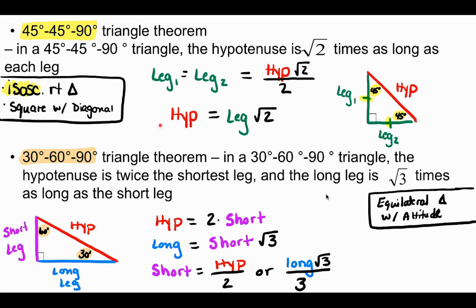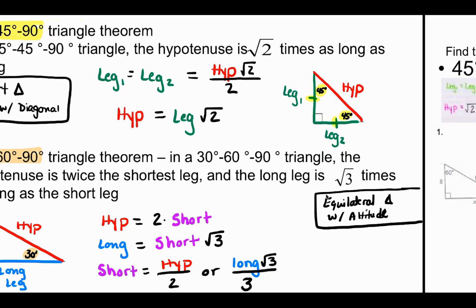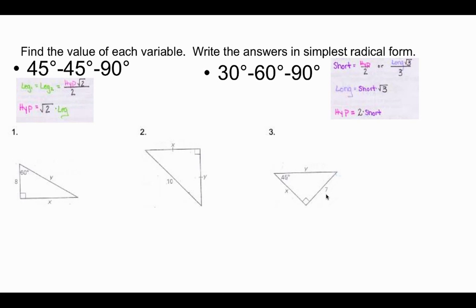So if you remember these two sets of rules, you can very quickly find a missing side length of these special triangles. Also, it only requires that I tell you one side length for you to find all three. So the first task for you to do is to look very closely at the triangles and see whether you have the 45, 45s or the 30, 60, 90s.